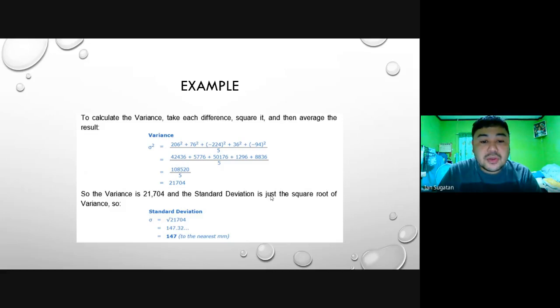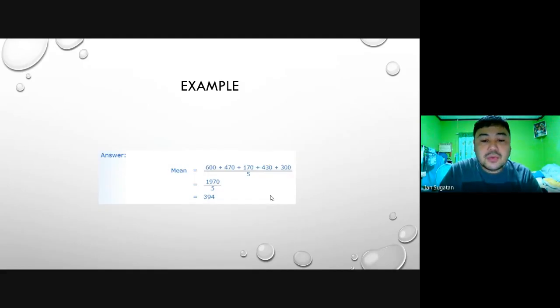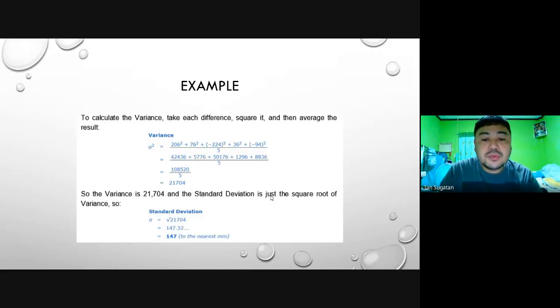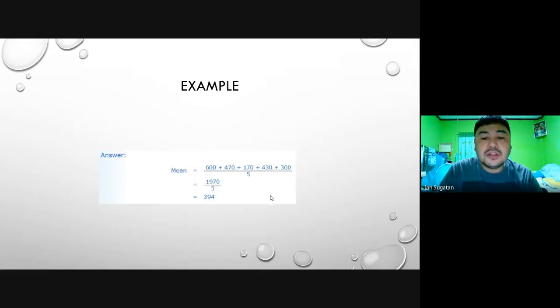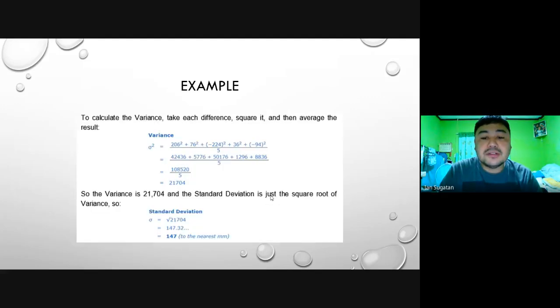Squaring 76 gives 5,776. Next, 170 minus 394 is negative 224. Squaring negative 224 gives 50,176. Next, 430 minus 394 is 36. Squaring 36 gives 1,296.